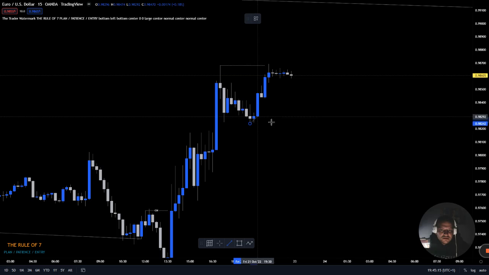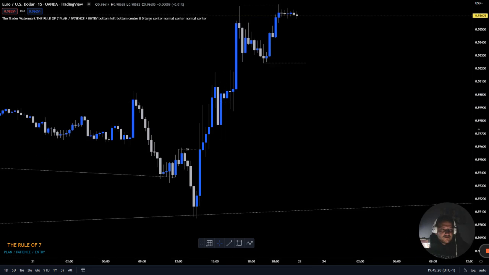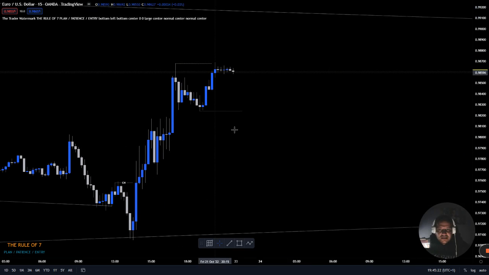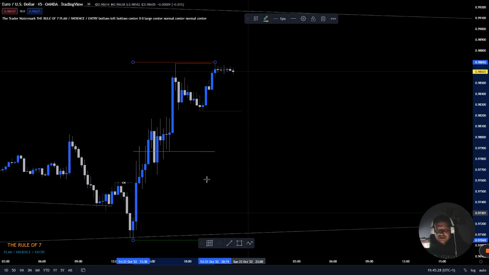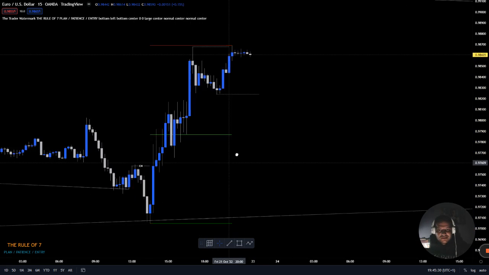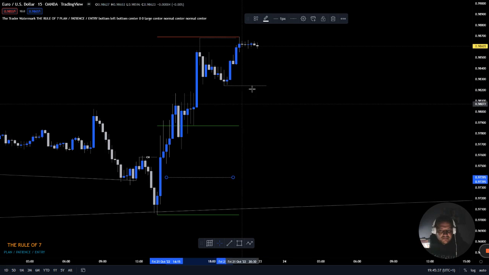If we take this low that created the high, then I will be classing that as the top, and then we use the 50% marker. This area is the ideal discount zone, and we have imbalance here.